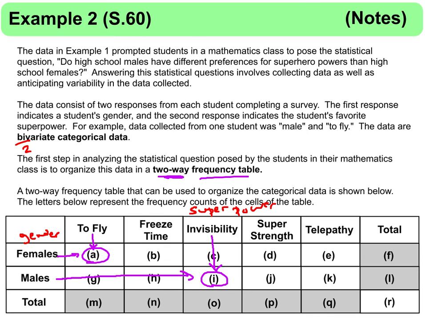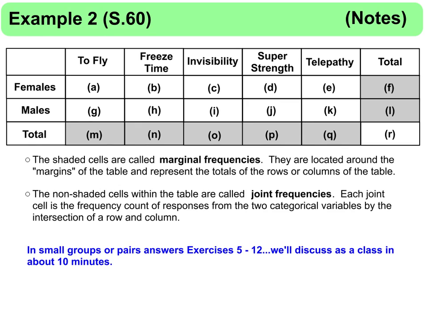So looking a little bit deeper in this design, the shaded regions of the table are called marginal frequencies. So this shaded region all along the bottom, and then these 2 pieces right here are the marginal frequencies. They are located around the margins of the table and represent the totals of the rows and of the columns in the table.